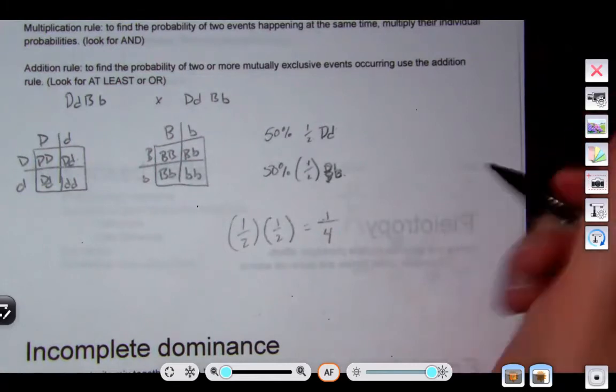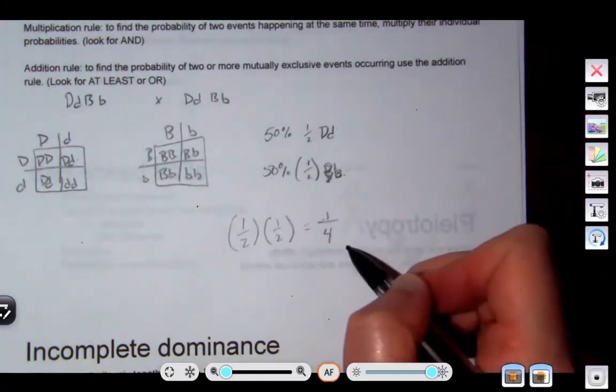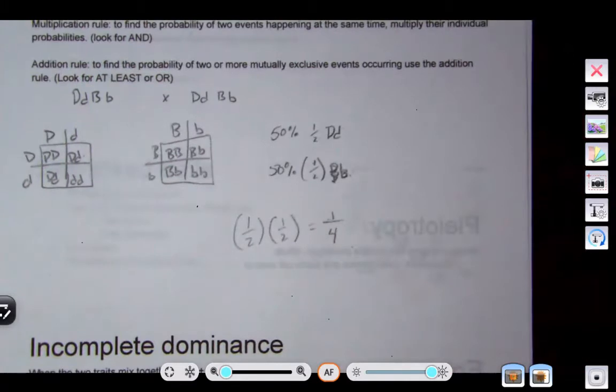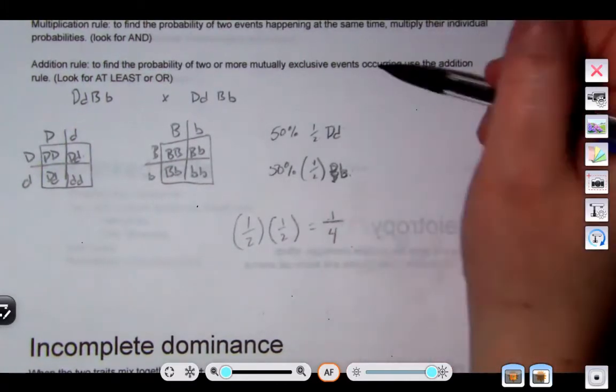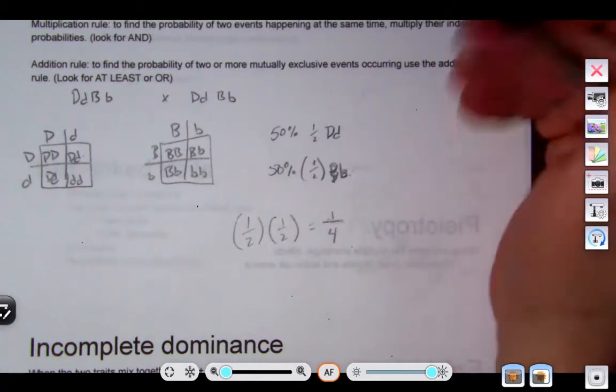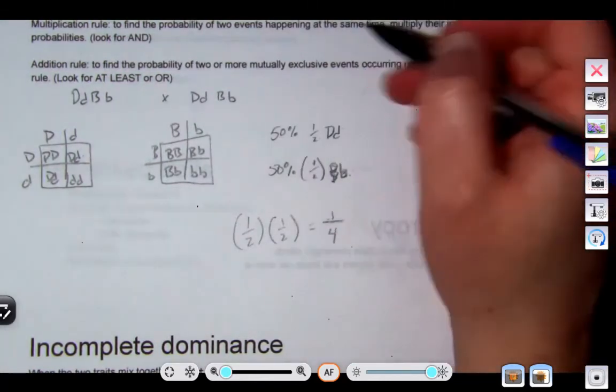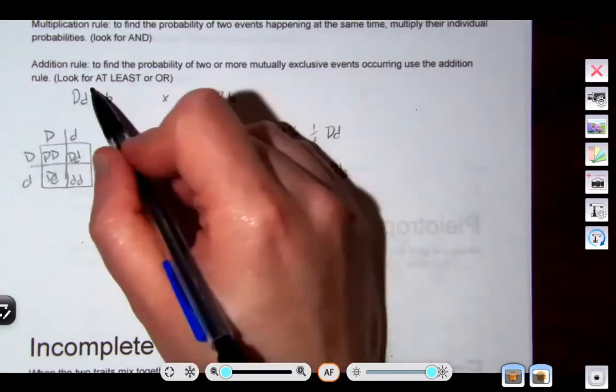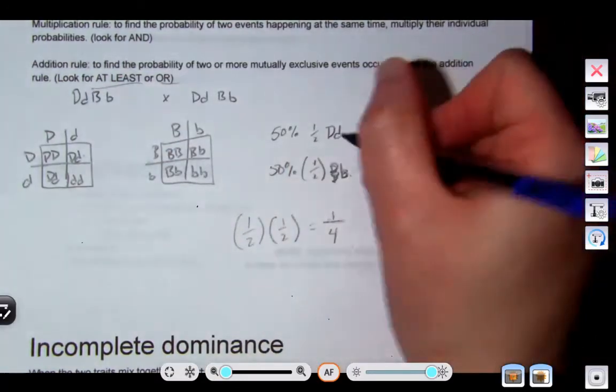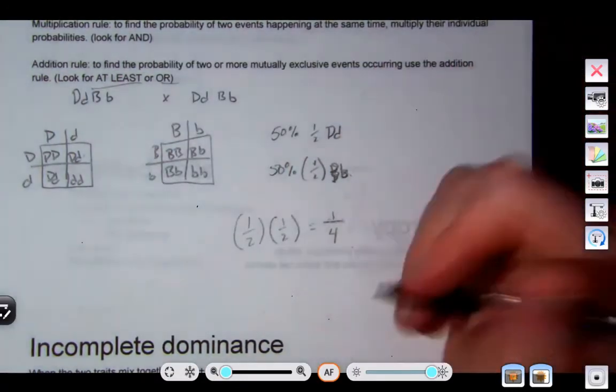If I actually did the giant Punnett square, I would find that it'd be one fourth. So you can figure these out. If you want to know the probability of something being at least this or that, or you're looking for keywords, simply knowing the percentages makes these problems a lot easier to work with.